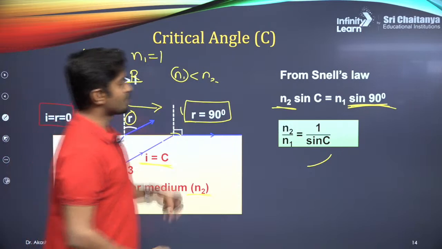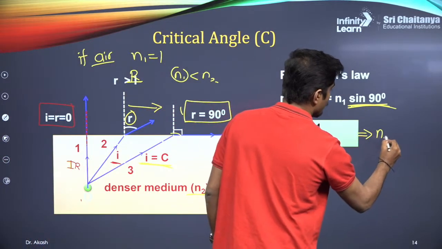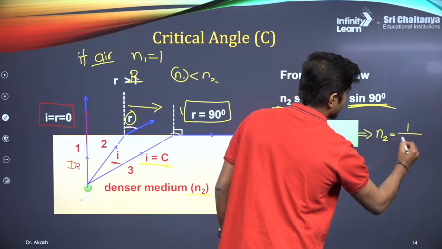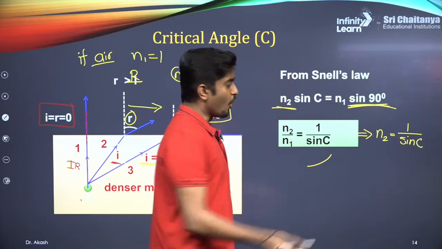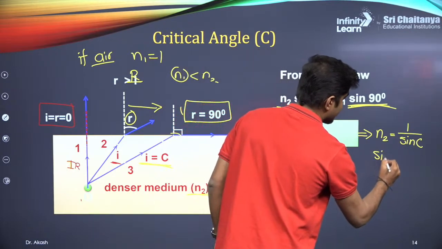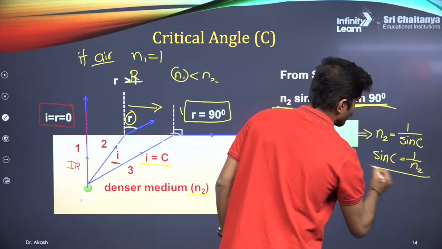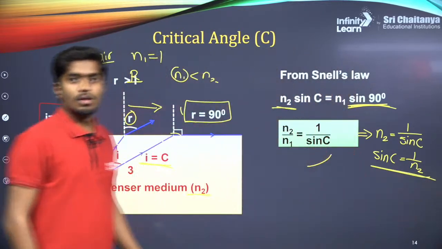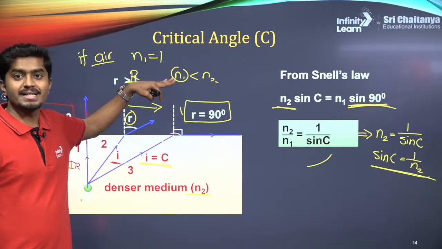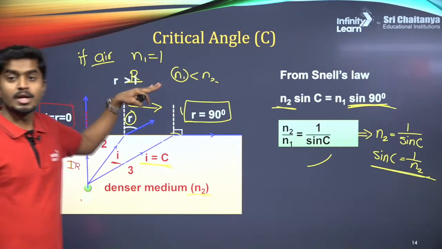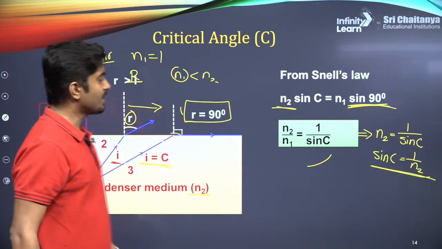If N1 becomes 1, from this equation, we can write N2 is equal to 1 by sine C, or sine C is equal to 1 by N2. So this is the critical angle. If you know the refractive index of these two mediums, you can find out the critical angle for that particular medium.